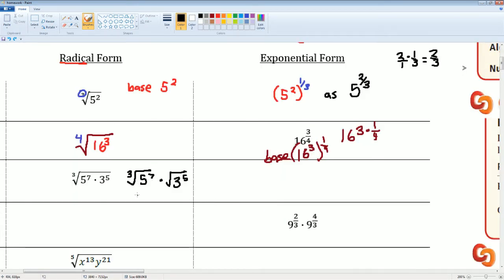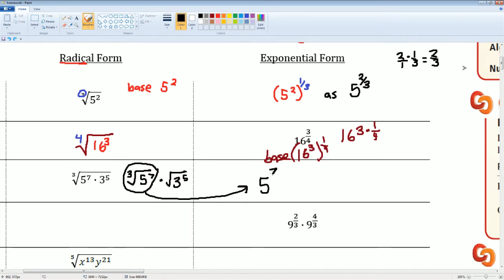So this becomes 5 to the 7 over 3. That's an ugly way of writing it. So let me just do the first one here. The first one is 5 to the 7, right? Divided by 3 power.